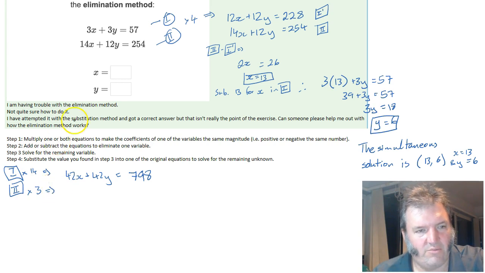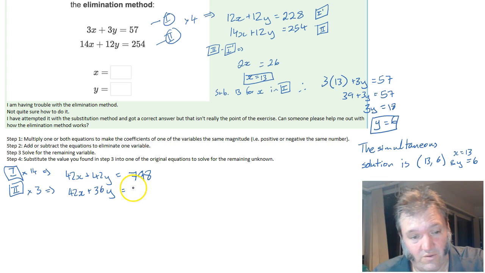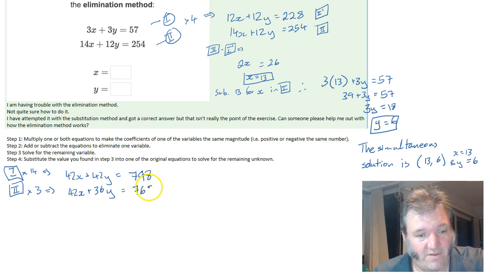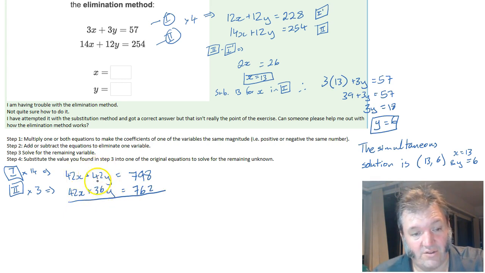Equation 2. I'm going to multiply by 3. That way I get 42x plus 36y, and this time I've got 750 plus 12, 762. When they work out nicely like this, where the greater number of y's is on the top, when I subtract these, 42x minus 42x disappears, the x's are gone. 42y minus 36y is 6y.